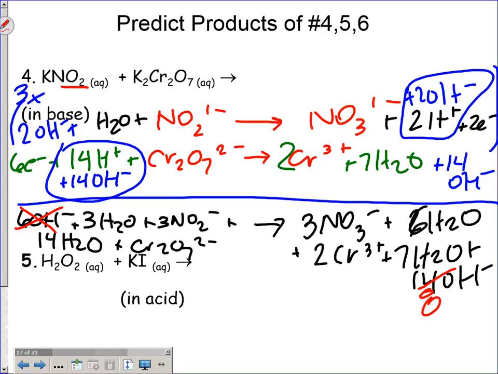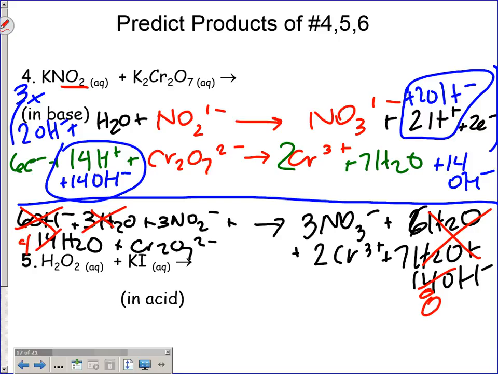I have net 17 waters, right, on the reactant side, and 13 waters here. So these 13 waters are gone. Because 6 and 7 versus 17, so how many are left over here? 4. Okay, so I have 4 waters left.